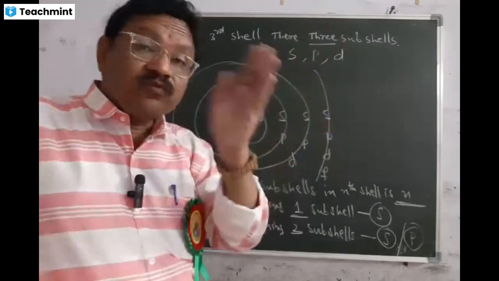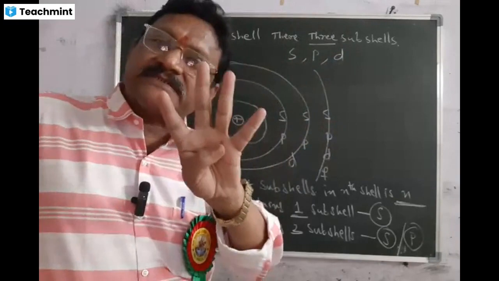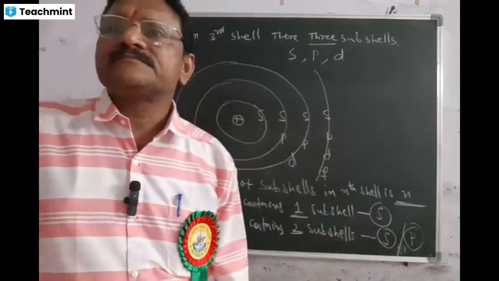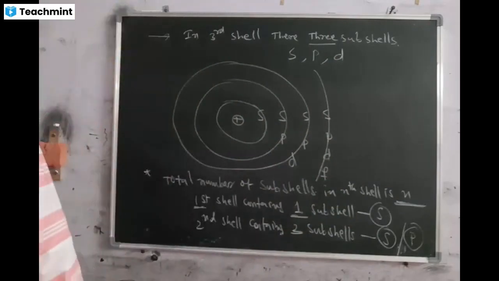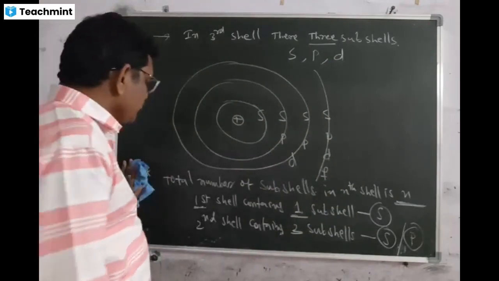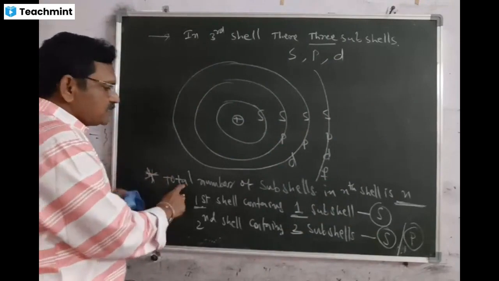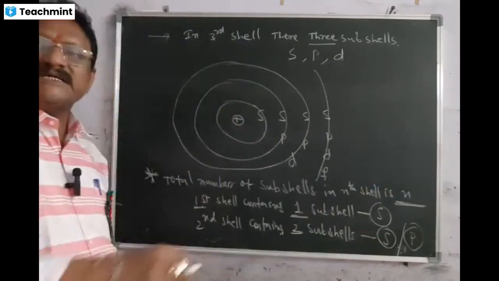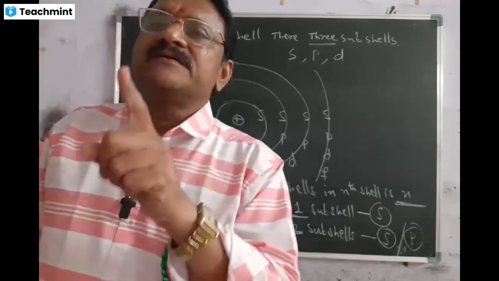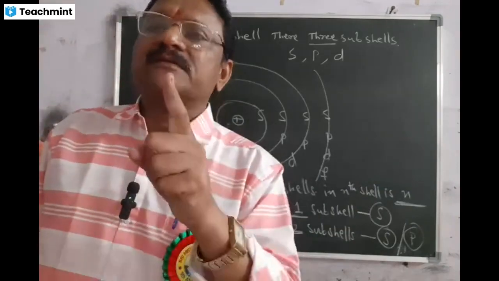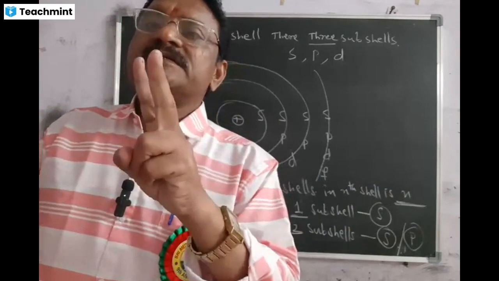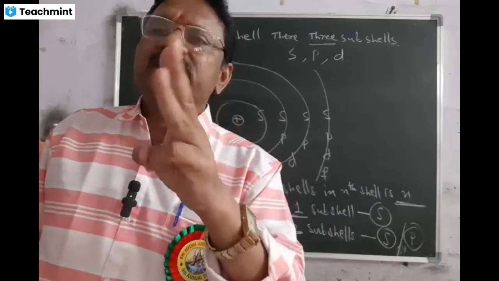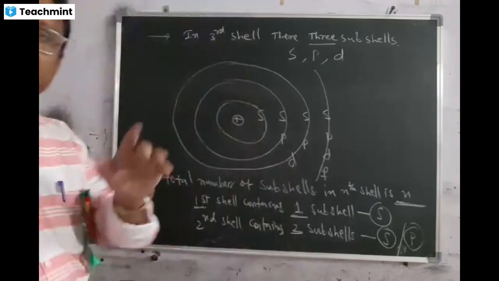If it is the fourth shell, how many subshells? Four subshells, SPDF. Clear? So this is the formula you can use to calculate the total number of subshells in the nth shell: it is n. The first shell contains one, the second contains two, the third contains three. Like that you remember.